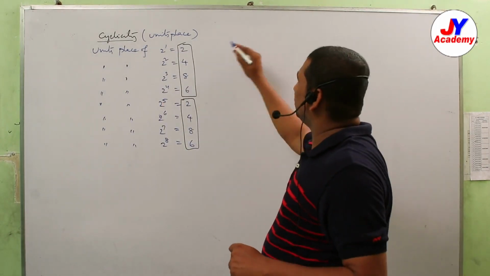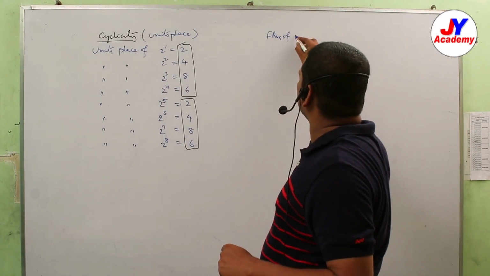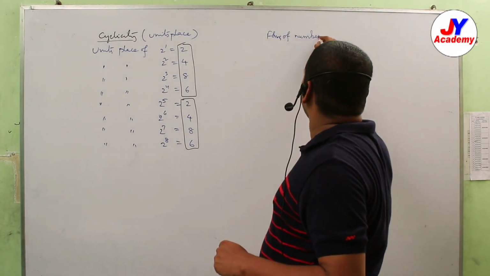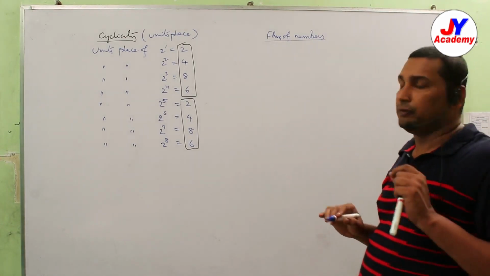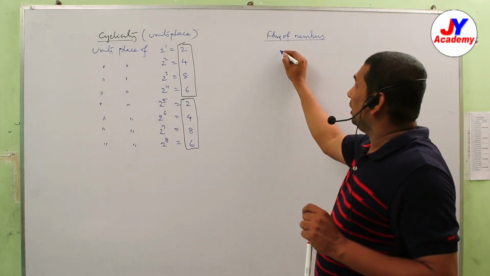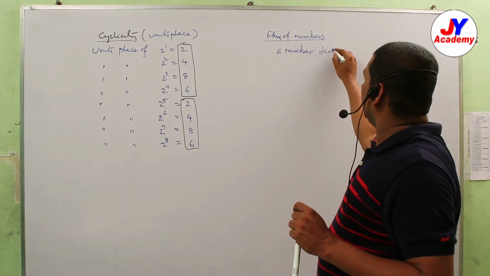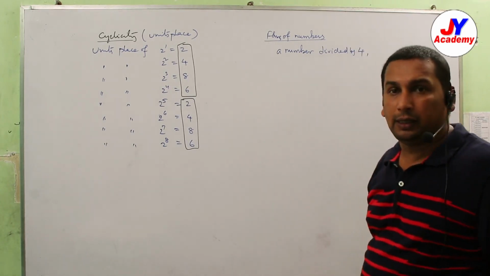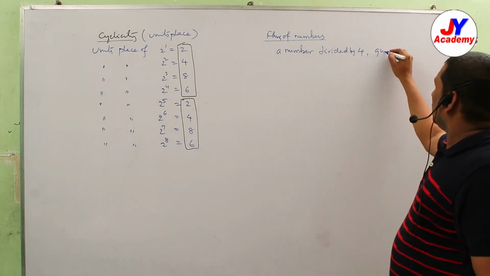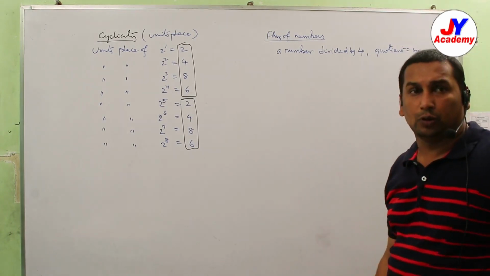Just as we discussed before, forms of numbers; afterwards we'll discuss this chapter, but just for information, suppose a number is divided by 4 with quotient m.